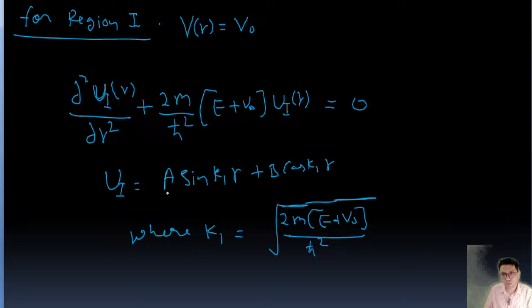Now here we can write one more step: at r equal to 0, u first is going to be 0. From here we can see the value of b is going to be 0.